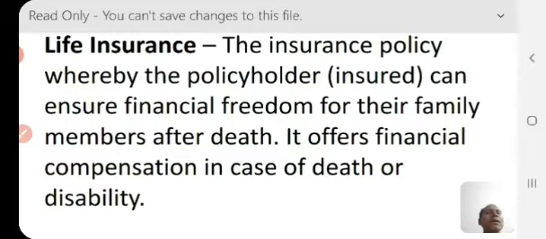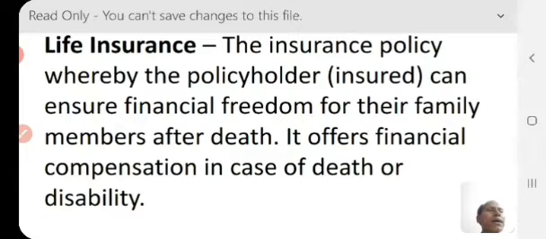So the insurance policy whereby the policyholder can ensure the financial freedom, financial support, security to their family members after the disability or after the risk, or to him or her on the maturity date. So it gives the financial security, freedom, liberation, support to the family members.